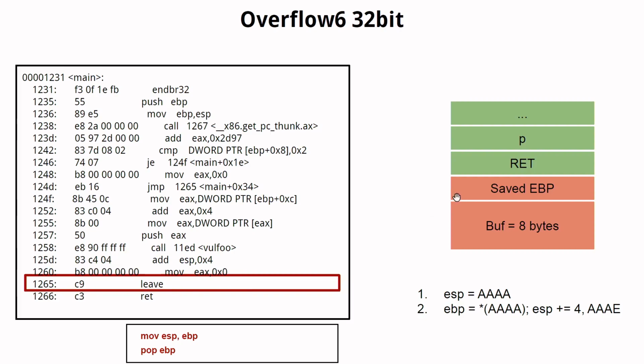So when we do this leave, before that, our EBP has a value 4/8. So after this instruction, both EBP and ESP have the value 4/8, right? Then we pop EBP. Pop is going to move whatever ESP points to into EBP, then increment the register ESP, which means we are going to dereference the address for the character A's, which should be 41 in hex.